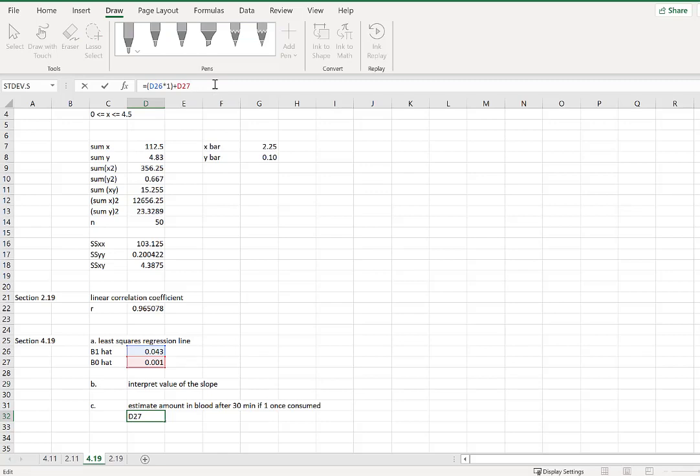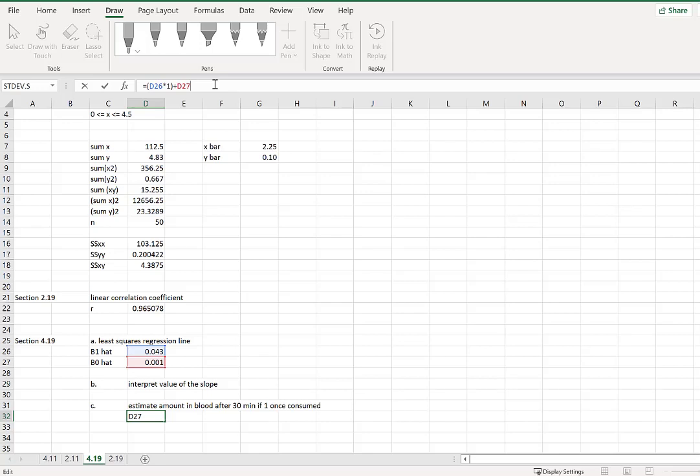In terms of our least squares regression line, y hat equals beta 1 hat times x plus beta 0 hat, the red cell as shown here. We're going to put in 1 for the ounce consumed as our value of x. So in Excel terms, we have our beta 1 hat in cell D26 in blue times 1, plus our beta 0 hat in cell D27 in red.